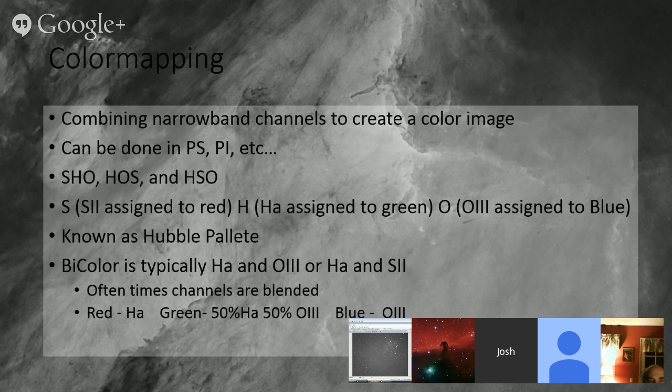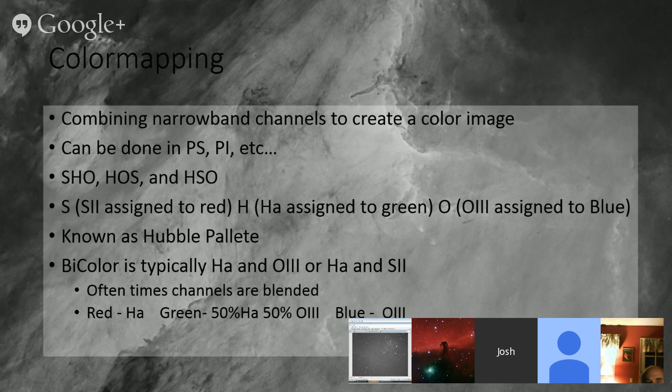The way that I usually do that, if I'm doing bicolor only, is putting HA in the red channel. Then I do some sort of mix in the green. Usually I'll start off with a 50-50 mix of O3 and hydrogen alpha in the green channel, and then only put oxygen in the blue channel.